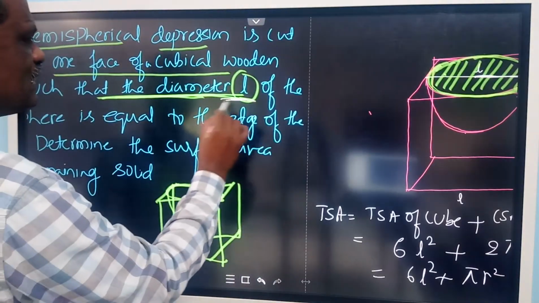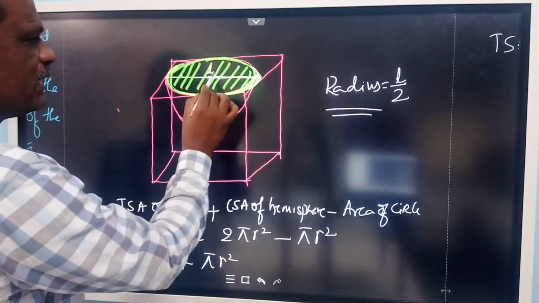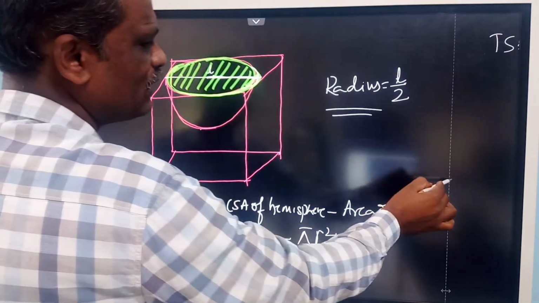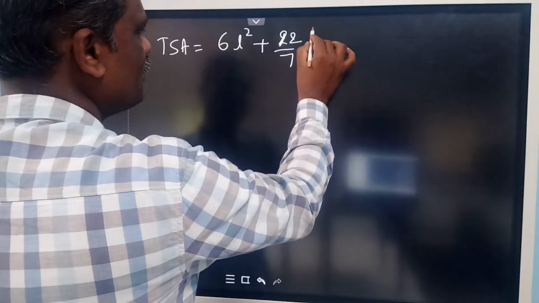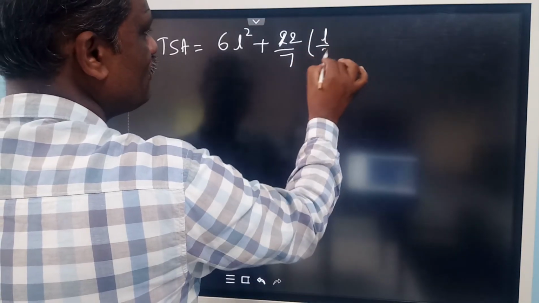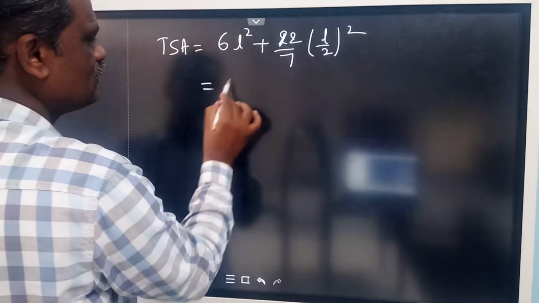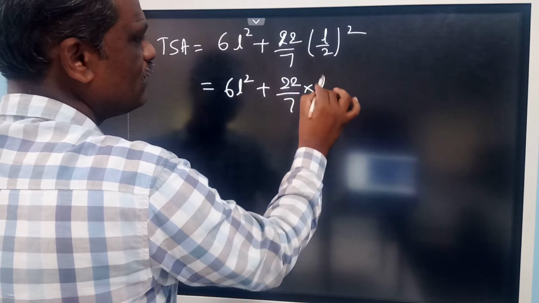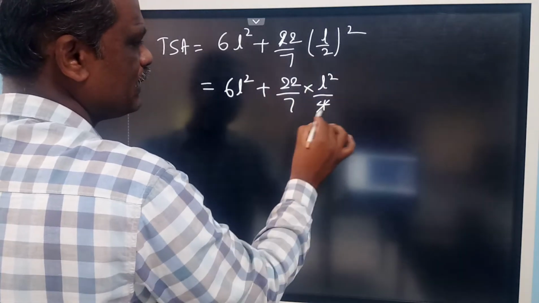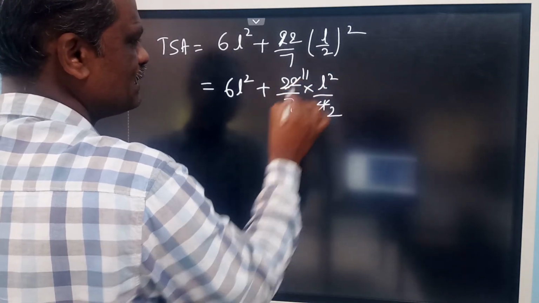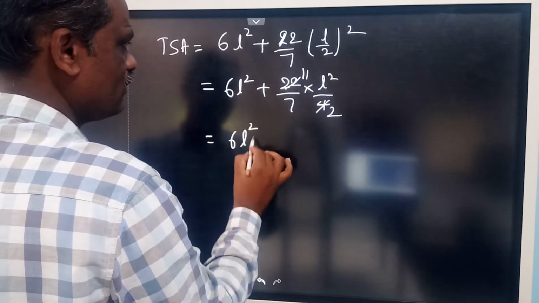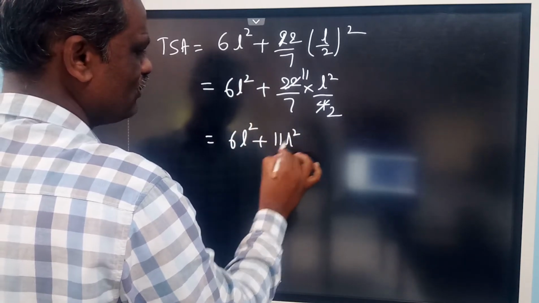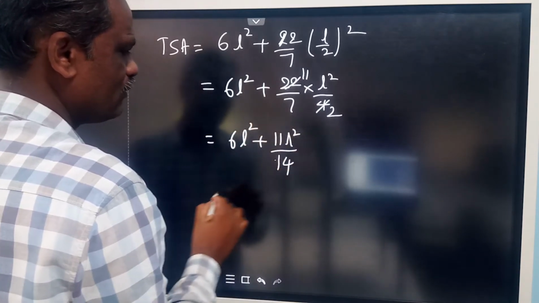Since it is given L units, the radius will become half of that, L by 2. So pi r square means pi times L by 2 whole square. So 6L square plus 22 by 7 into L square by 4. Cancel: 2 twos are 2, 11 sevens are... So 6L square plus 11 L square by 14.